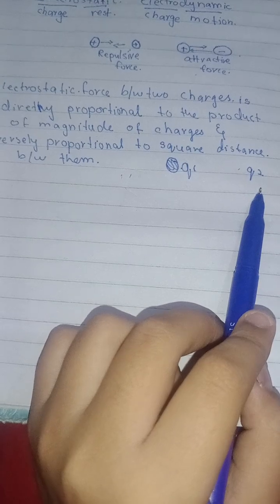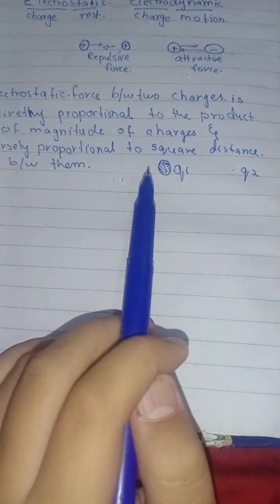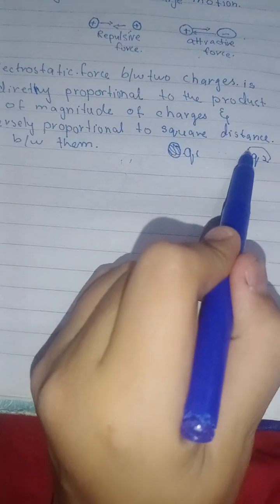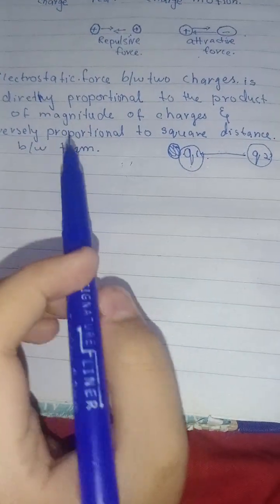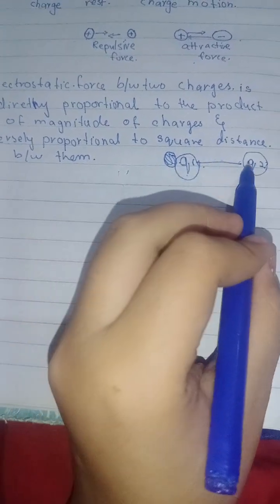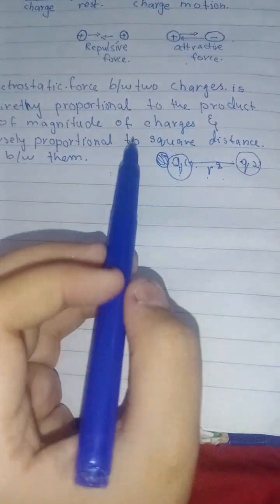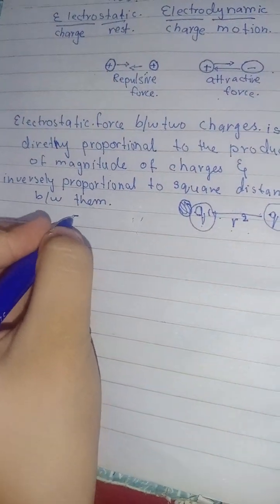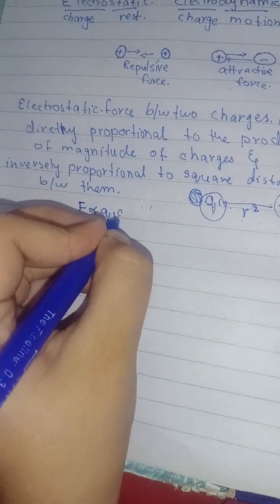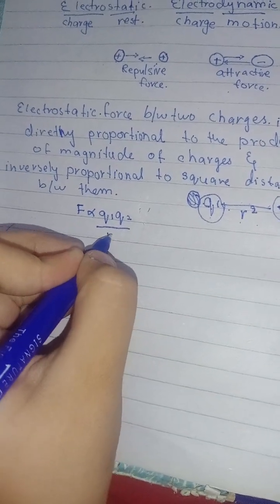Here I draw the two charges, and in between there is the electrostatic force, which is directly proportional to the product of the magnitude of the charges, and inversely proportional to the square of the distance between them. Let me write here: the electrostatic force is directly proportional to the product of the magnitude of charges, charge 1 and charge 2, and inversely proportional to the square of the distance between them.